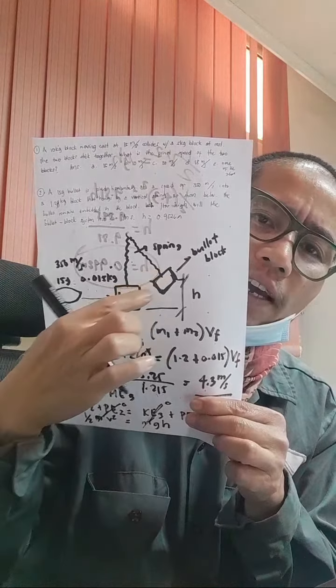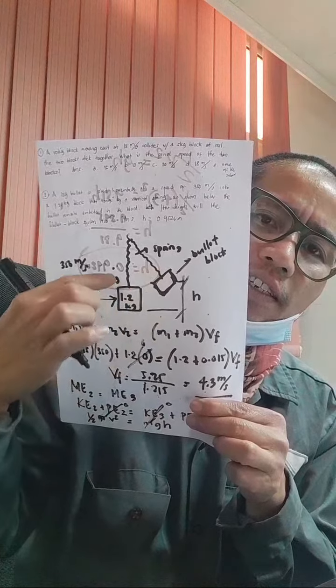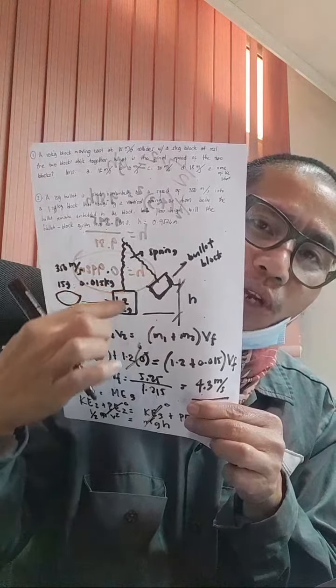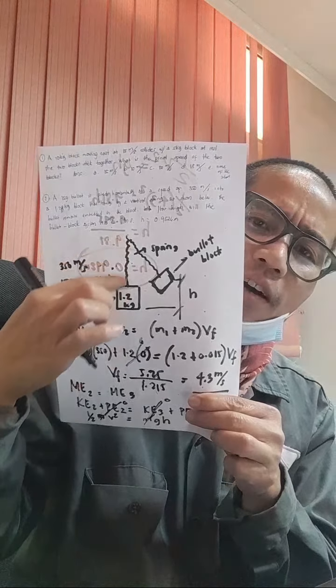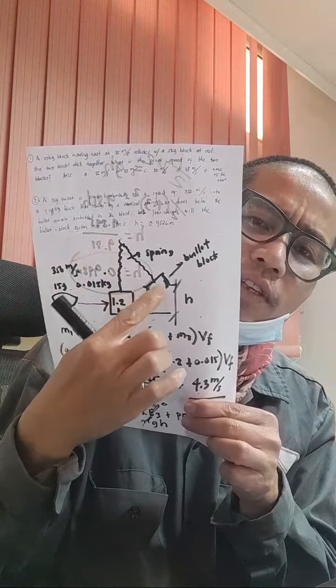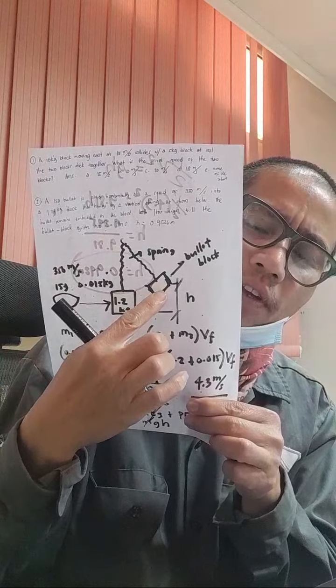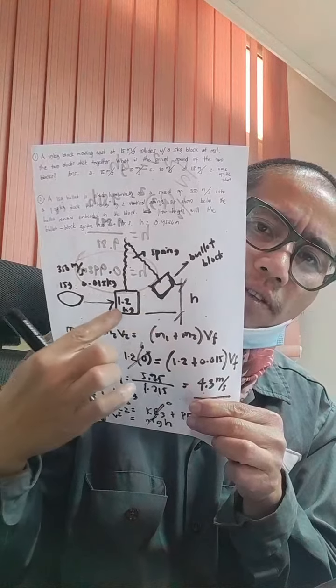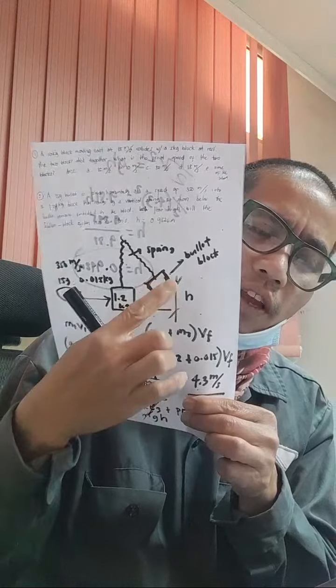But it still goes back like this, because this is a spring, just like a pendulum. The mass at point 3 is the mass of the bullet plus the mass of this block. So the height is 0.942 meters.